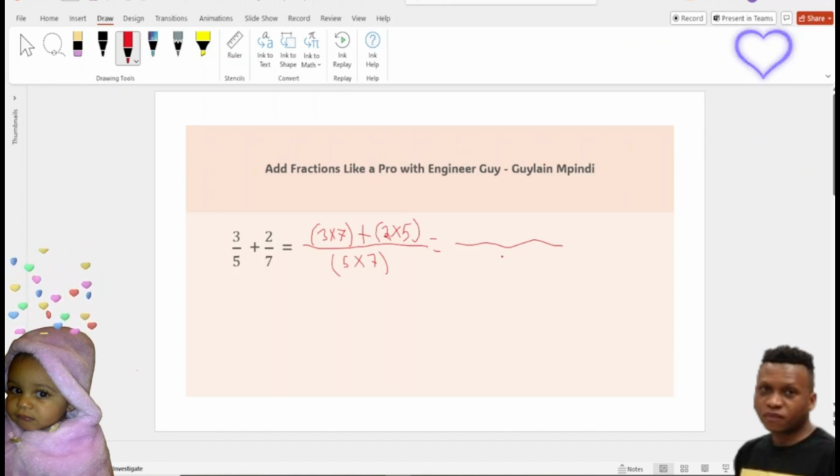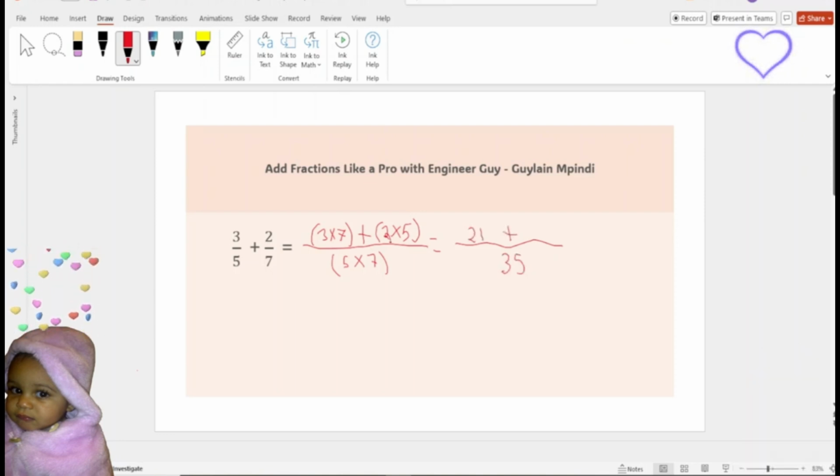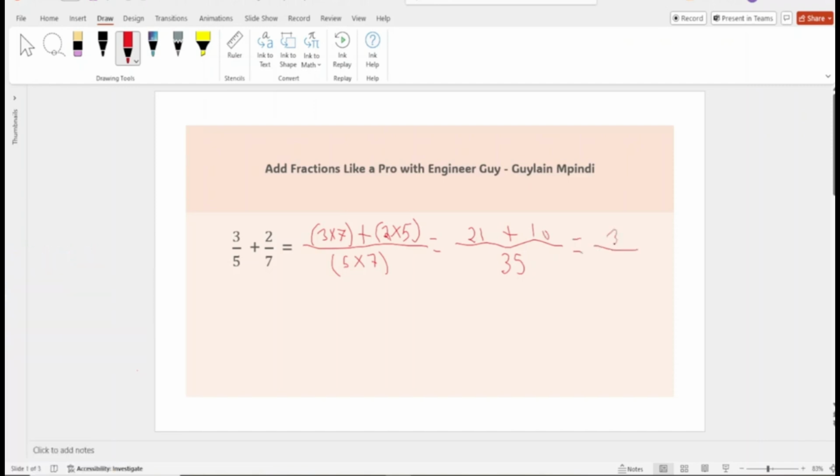Okay, 3 times 7 equal what? 21 right here, plus 2 times 5 equal what? 10. Okay, now 21 plus 10 equal 21, and don't forget to write 25.